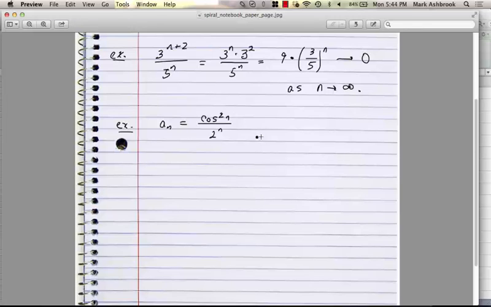How about this? Cosine squared n, cosine n squared, basically. Okay, what can we make of this? Observations, thoughts.